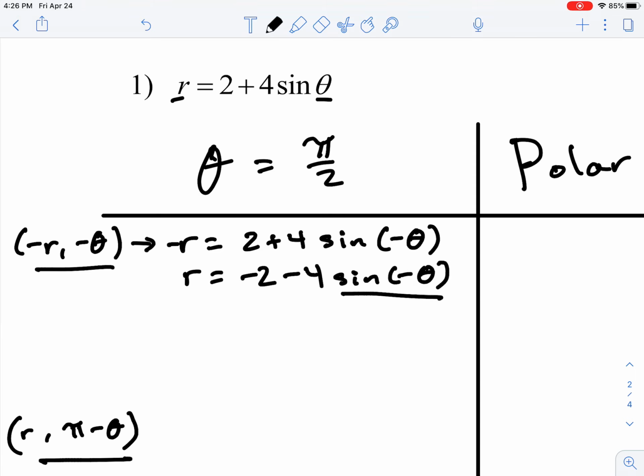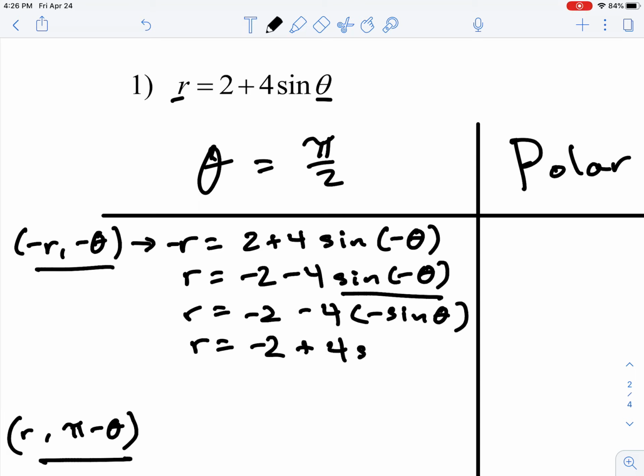And at this step, we're going to want to use our even and odd identities. We know that sine of negative theta is equal to negative sine theta because it's an odd function. So we can rewrite this as r equals negative 2 minus 4 times negative sine theta. And if I clean that up even further, r equals negative 2 plus 4 sine theta.